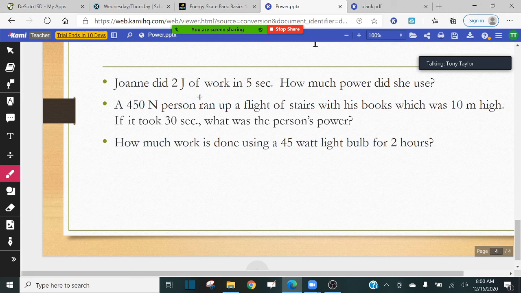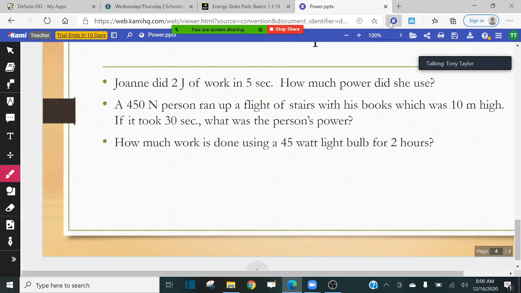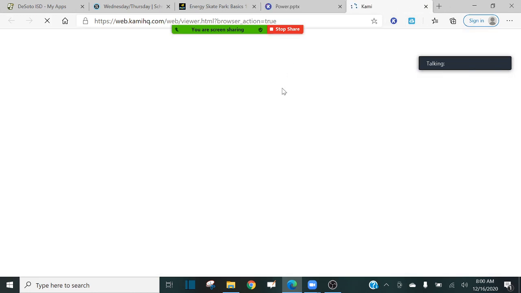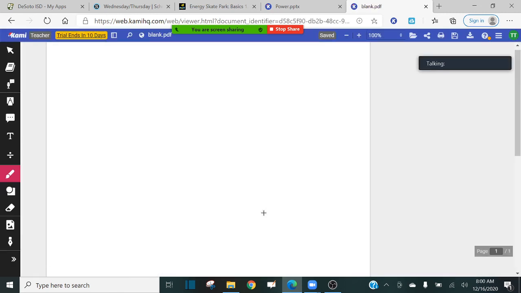Let us do a few examples. Joan did 2 joules of work in 5 seconds. How much power did she use? Let me start a new blank page. For number 1, power is equal to work divided by time.